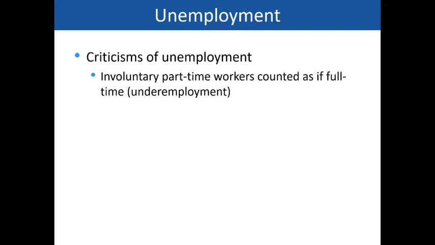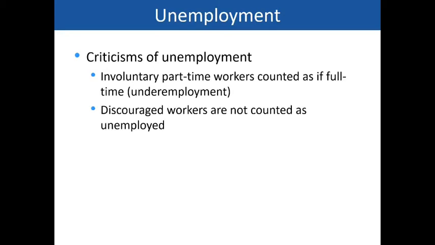First of all, involuntary part-time workers are counted as if full-time, just like Sam in our example. Secondly, discouraged workers are not counted as unemployed. If we add these people as unemployed, then the unemployment rate will be much higher.